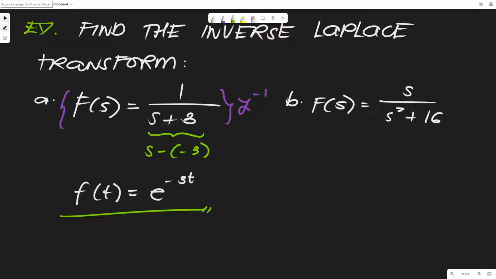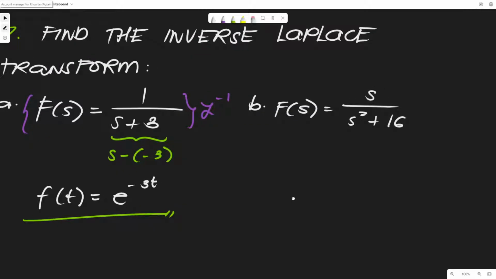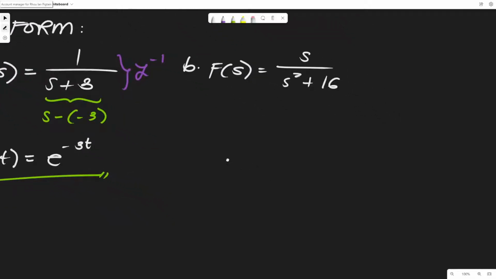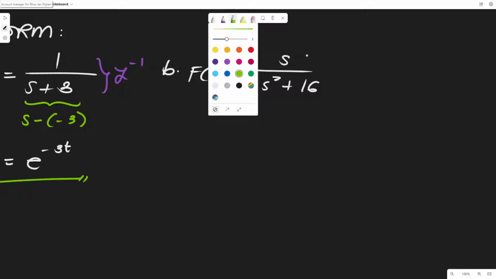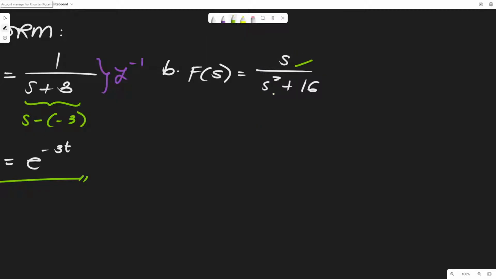Next, F of s is equal to s over s squared plus 16. Siguro familiar na sa inyo yung table, so madali nyo nang malalaman. Meron akong s, then I have s squared plus 16. Malapit siya sa Laplace transform ng cosine at.